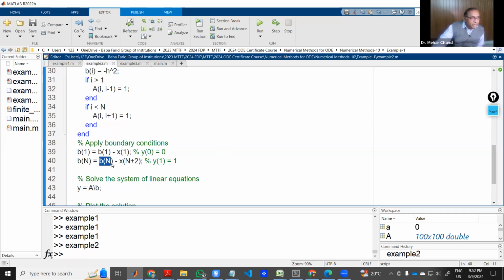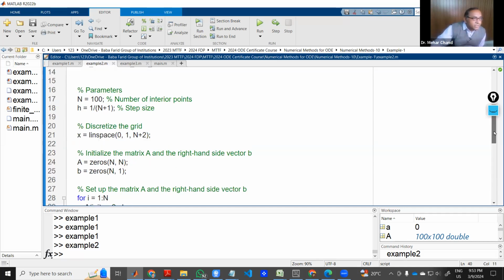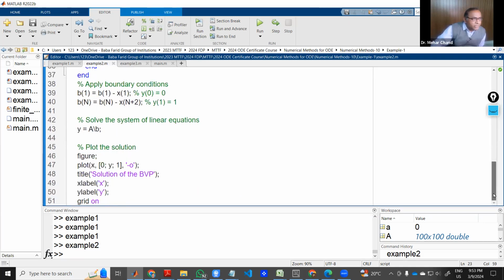Here x1 we have is 0, and the other point we have is 1. When we have n plus 2, this value is 1.